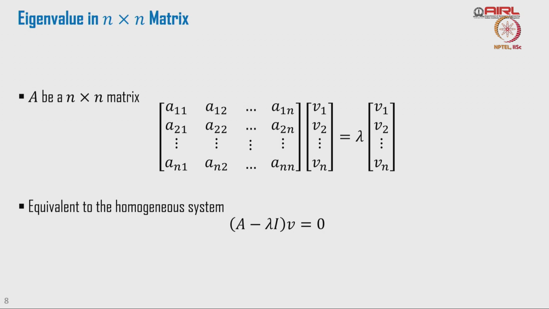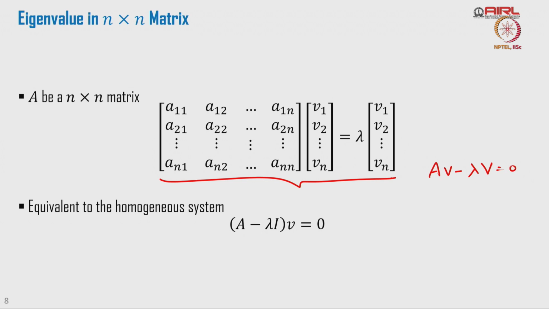Now let us take a look at what significance eigenvalues hold and how we can find them. First off, let us consider AV. Let us write them in this form as a matrix equation. The equivalent homogeneous system is nothing but (A minus lambda I)V, which we get from AV minus lambda V equals 0.